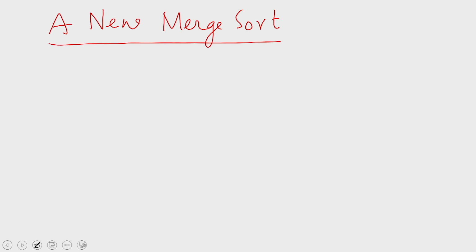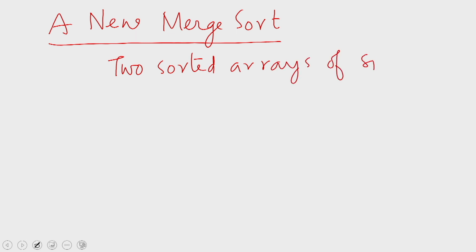So, let us say we are given an array of size n, and we have n by double log n processors.